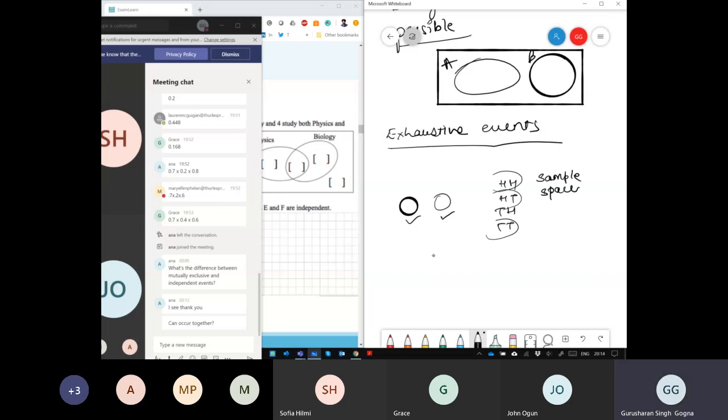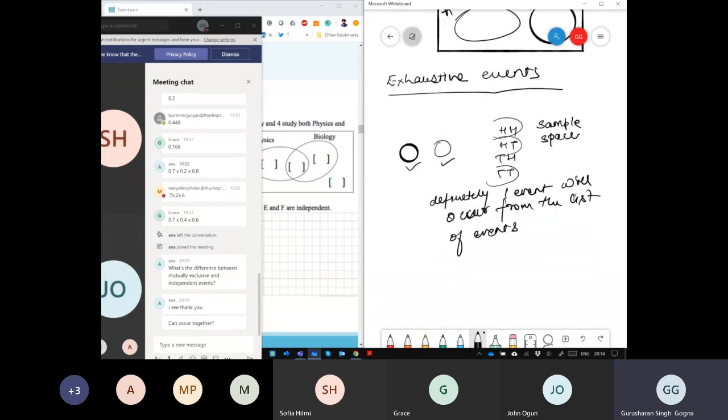So definitely one event will occur from the list of events. Okay, definitely one event will occur from the list of events.